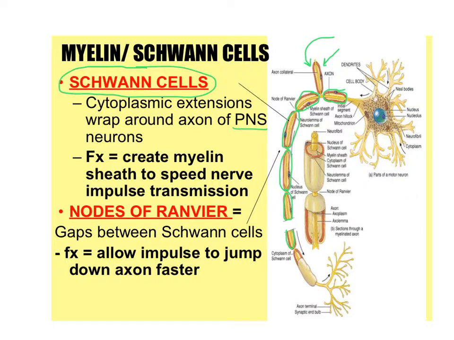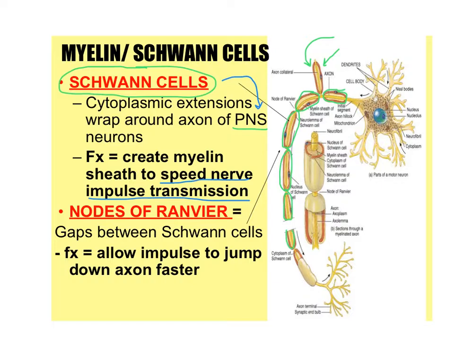Schwann cells produce the myelin sheath around neurons, but only in the peripheral nervous system. So these are not active in the central nervous system. It's going to be a different type of cell which wraps the myelin around the axons in neurons of the central nervous system. But the main thing you need to know is these guys speed up nerve impulses dramatically.